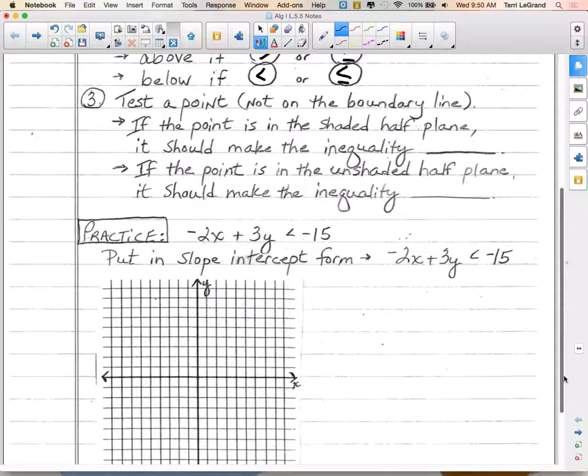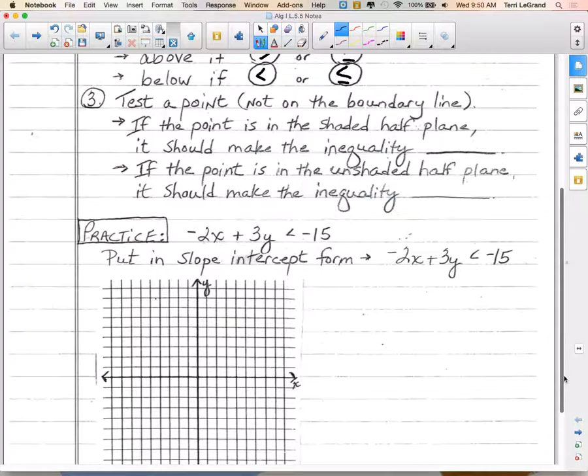In other words, is it a solution if it's in the shaded region? That's what shading will show: yes, those are all the points. Those are all the points included in the solution region: all the ones in the shaded region and on a solid boundary line.